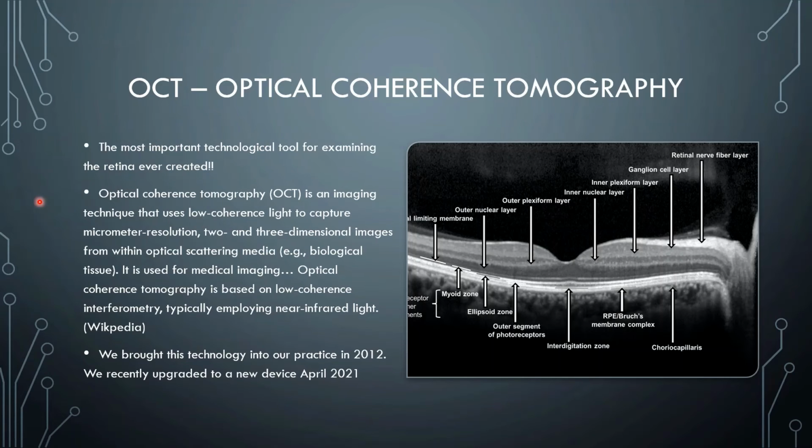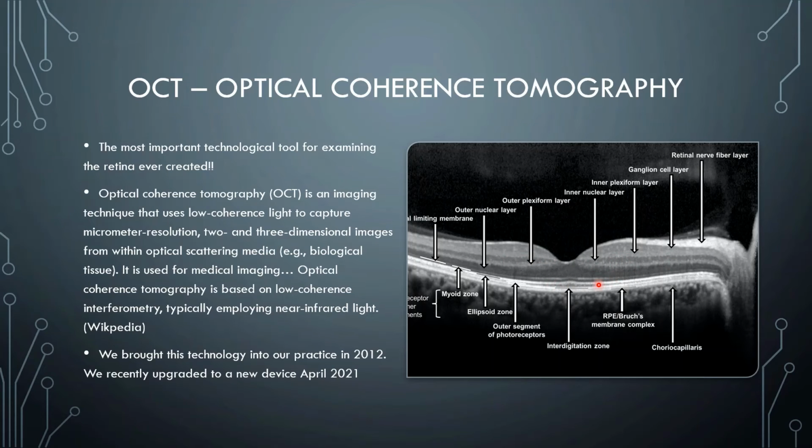Now, I'm not going to go through all this. This is some information from Wikipedia, and it kind of explains that basically this image is captured by light. It's captured by non-coherent light and interference, and how the light interacts with different densities of the tissue to create an image that shows the layers of the retina.